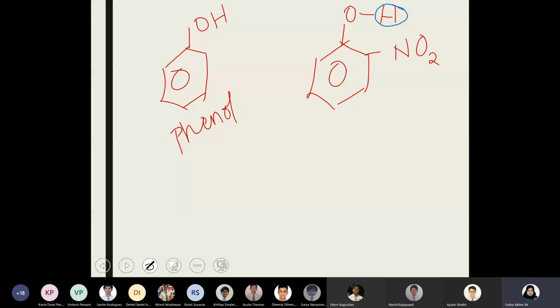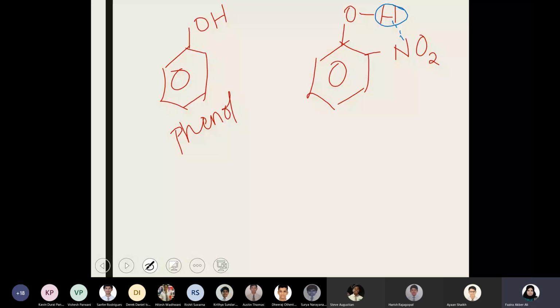Fluorine, oxygen, nitrogen are the electronegative elements. So this hydrogen can show hydrogen bonding with the nitrogen of the NO2 group. It satisfies our criteria: hydrogen should be covalently bonded to an electronegative element, F, oxygen, or nitrogen.